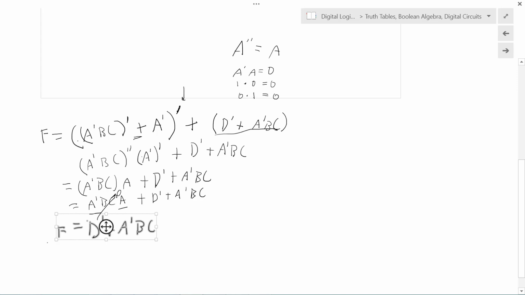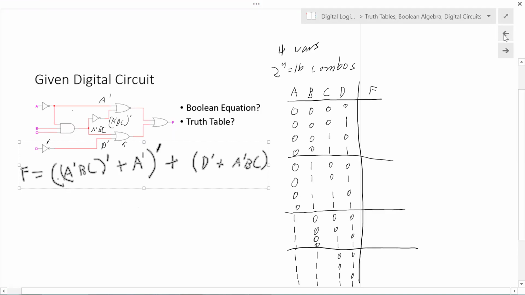So let's bring this back to our truth table here. Let's go ahead and fill this out. If D is equal to 0, then D prime is 1.